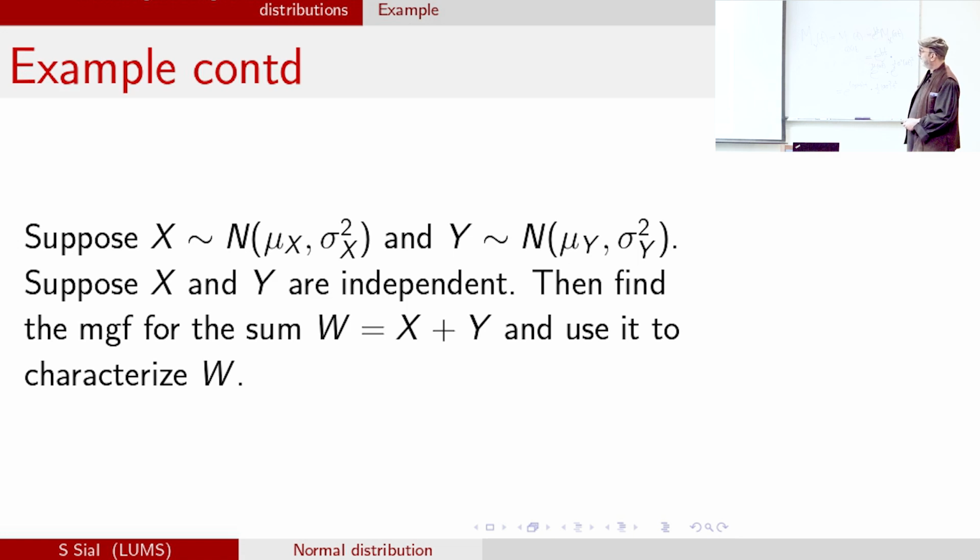So, if x is normal with expectation mu x and variance sigma squared x, and y is normal with expectation mu y and variance sigma squared y, and they're independent, then let w equal x plus y. We're going to find the MGF for w, because we know what the MGFs of x and y are, and we'll see if we can characterize what w is.